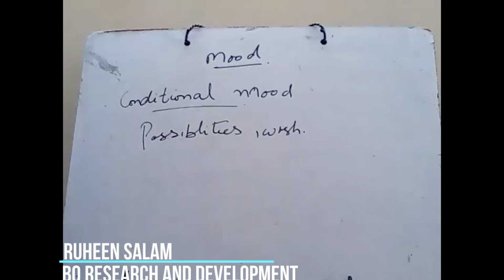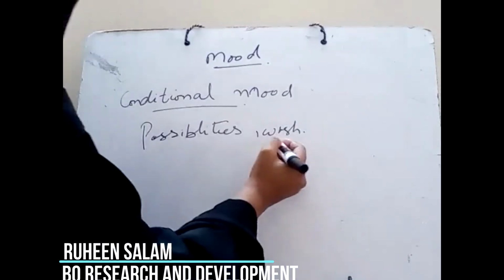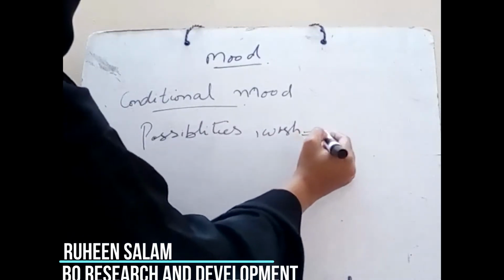So possibilities are our wishes, which is a part of conditional mood, from which we can express our feelings regarding the fact or the thing which we have in wishes, which can be a fact.